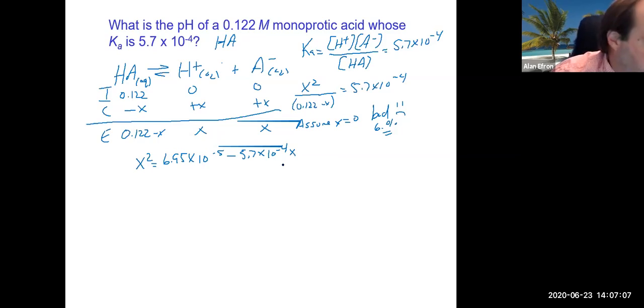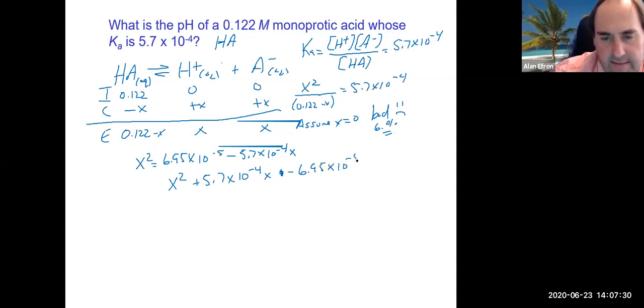If we combine everything together, we get a quadratic equation of x squared plus 5.7 times 10 to the minus 4 x minus 6.95 times 10 to the minus 5 equals 0.